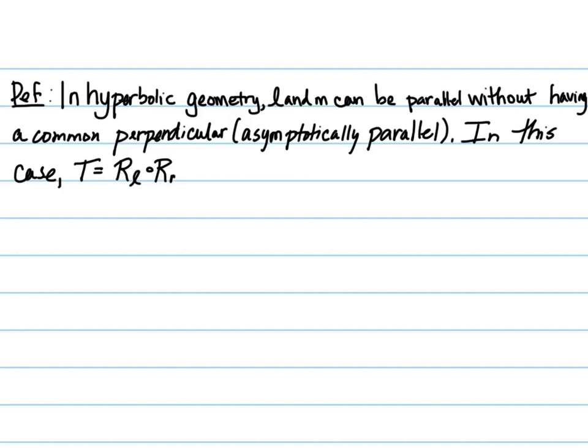Reflection of M followed by reflection of L is called a parallel displacement. And when we move back together, we're actually going to look at this idea inside of the Klein model, one of our models that we've done before, and see how that affects things in terms of these transformations.